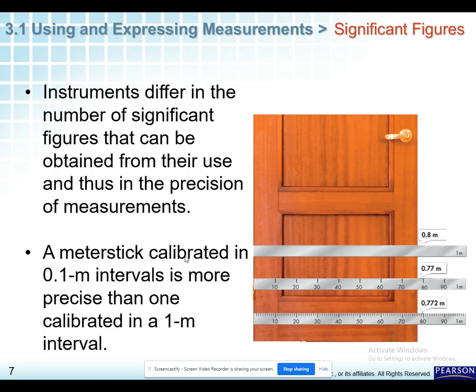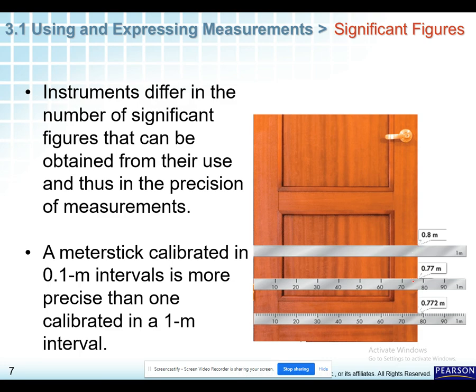of measurement. So for example, right here we have 3 different meter sticks. The first meter stick is calibrated to be 1 after the decimal. So if I have a measurement here, I can say, okay, well, maybe that's about 0.8 of a meter.